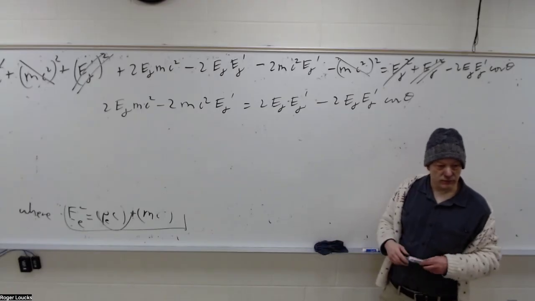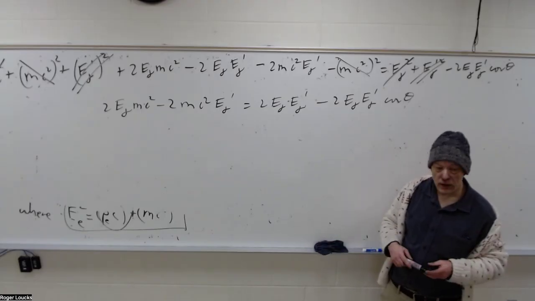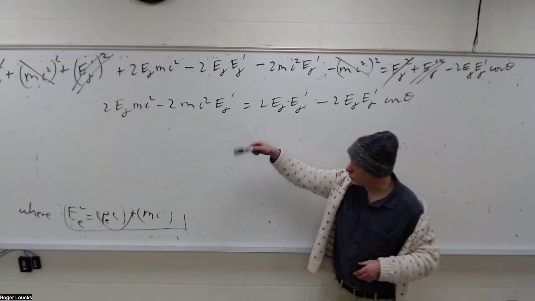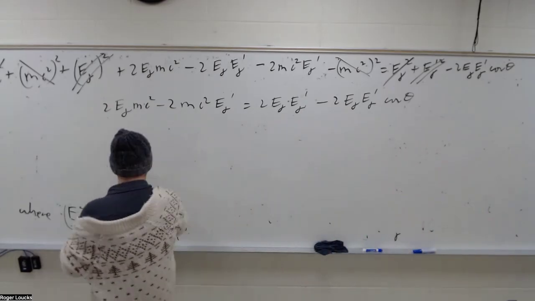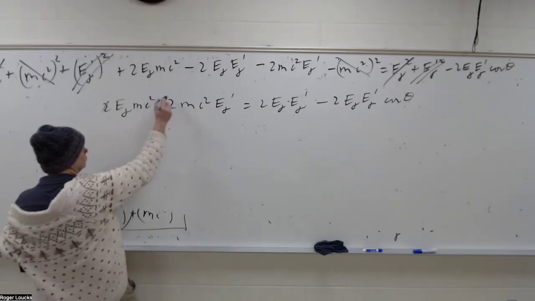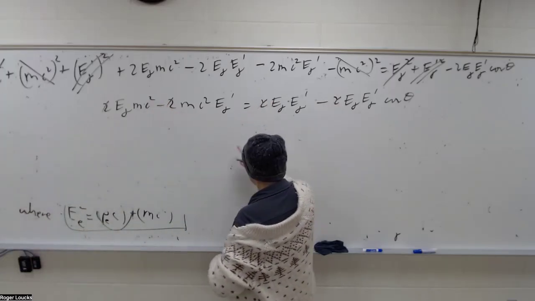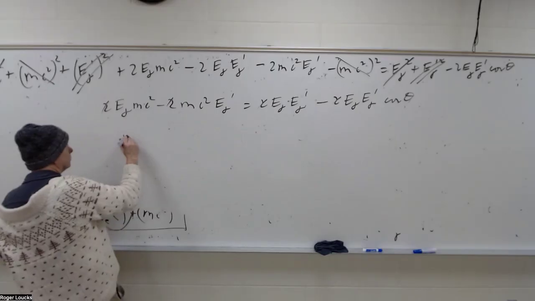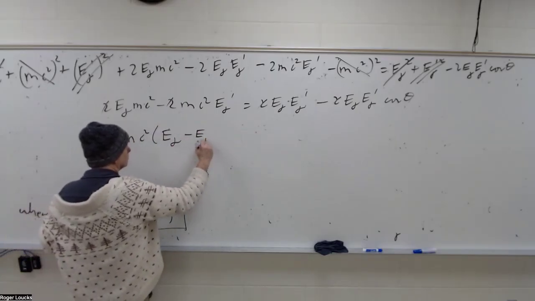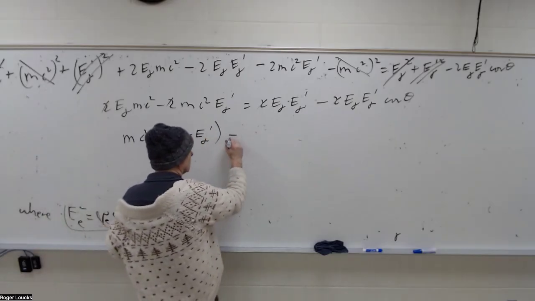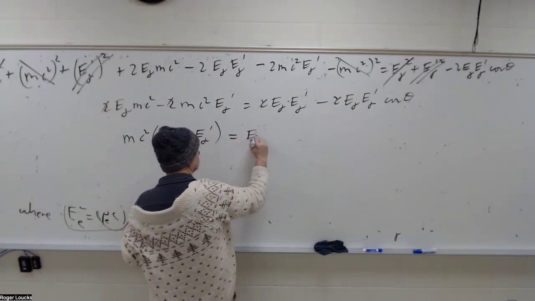Okay, what next thing happens? All the twos go out. And I'm gonna pull out an m c squared on this side, and here's an E gamma E gamma prime, I'm going to pull that out on the other side. So I kill all the twos. I'm gonna pull out an m c squared. I'm gonna pull out this guy here.